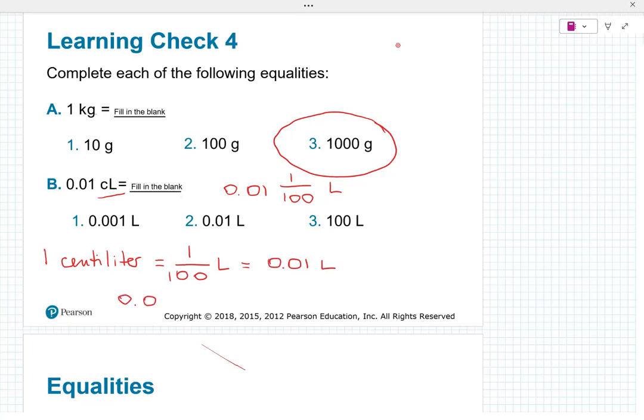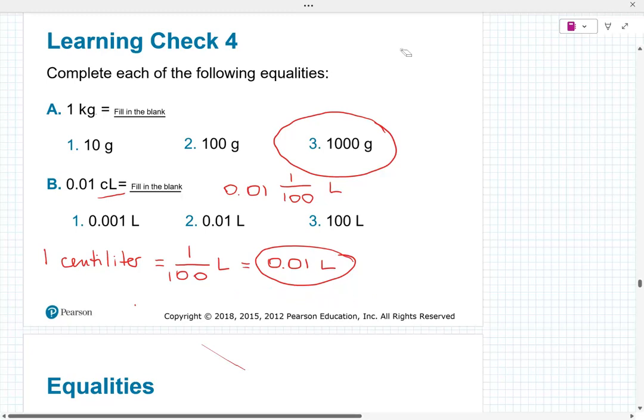Now, 0.01 centiliter is the same as 0.01 multiplied by 0.01 liter. Hang on. A centiliter. Do you agree that it is this number?